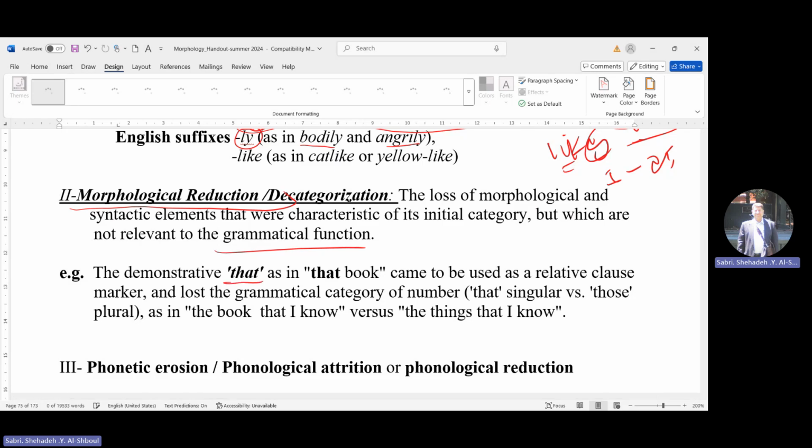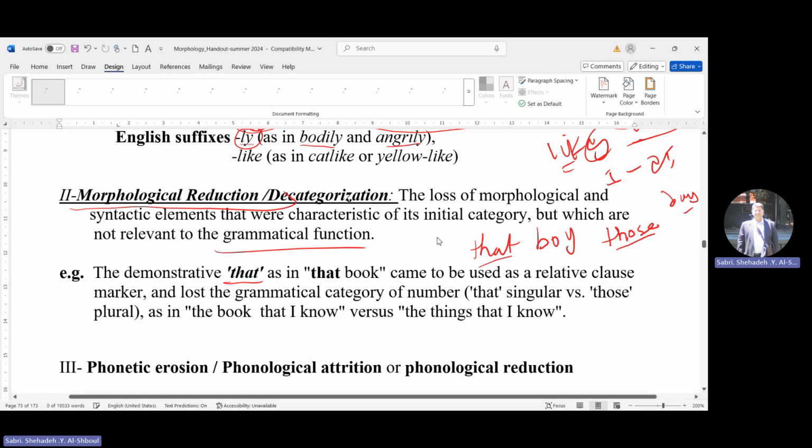So in English we have the demonstrative that. For the singular we say that boy, and for the plural we say those boys, right? So we noticed that in English, that as a demonstrative pronoun is sensitive to number variations.